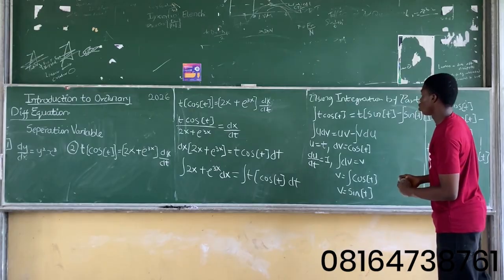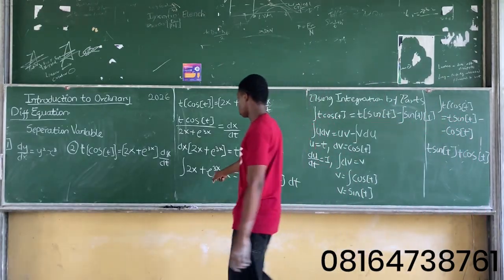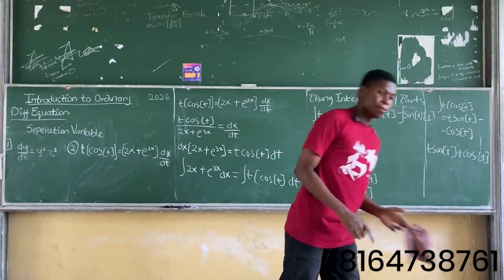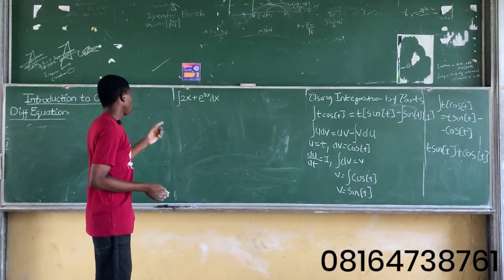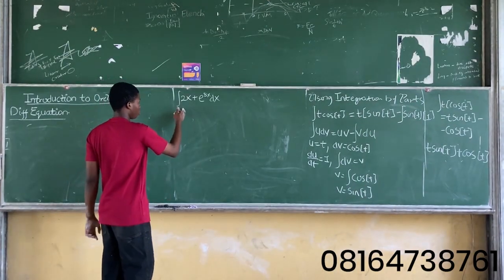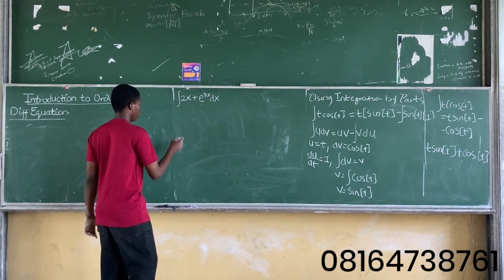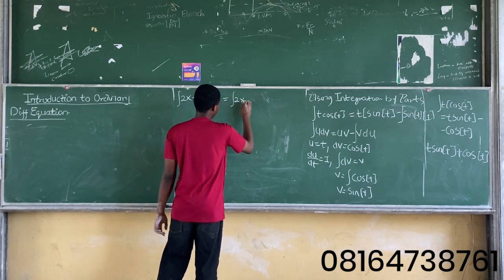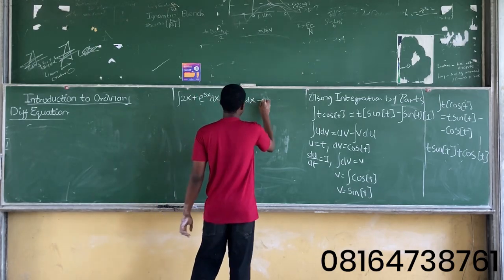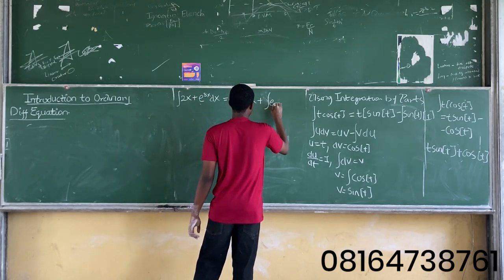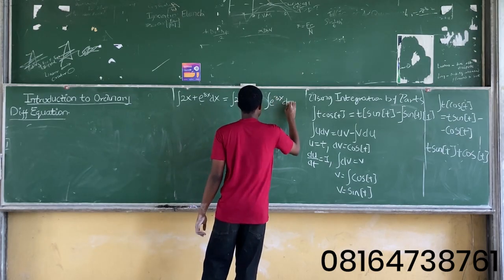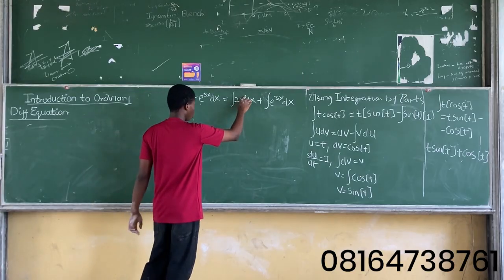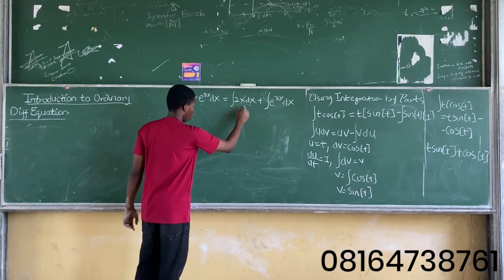Now we are going to solve for the other portion, which is 2x plus e raised to the power 3x. We are going to integrate the 2x with respect to x, and also the other term with respect to x, so we are going to break it down. It's going to be the integral of 2x dx plus the integral of e^3x dx. If we integrate, we add 1 to the power and divide by 1 plus 1.